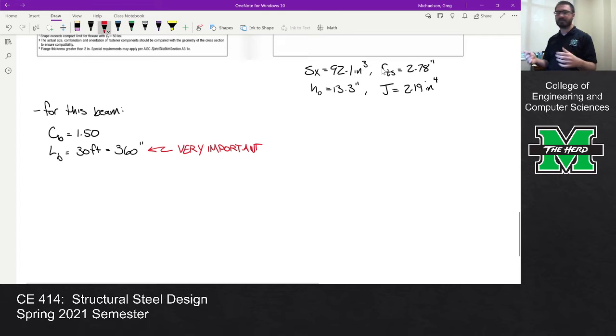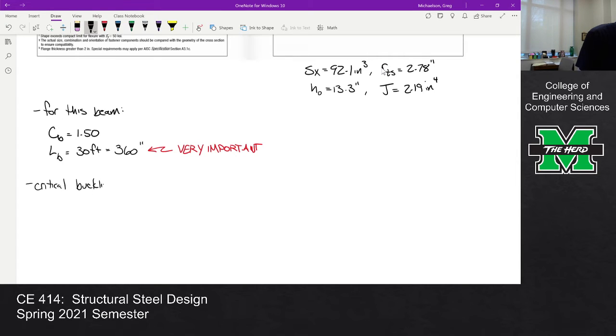Now, here's the expression. The first thing we have to do is compute our critical buckling stress. It's a little nasty, so just bear with me. The critical buckling stress is, there's a fraction out here, CB pi squared E divided by the slenderness squared.